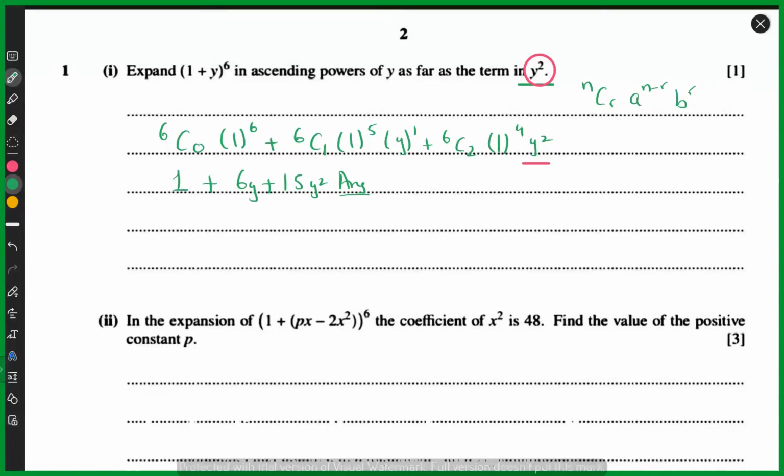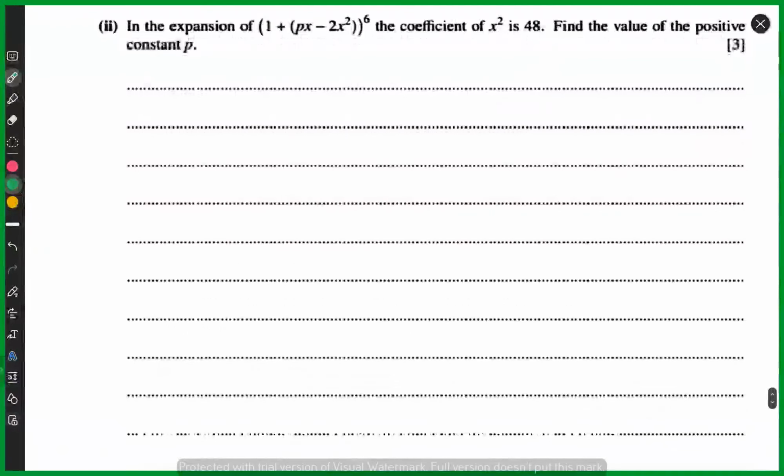Let's talk about the second part of the question. It's for 3 marks. It says, in the expansion of 1 plus px minus 2x squared, all to the power 6, now this is my a, and this right here is my b, the coefficient of x squared is 48.